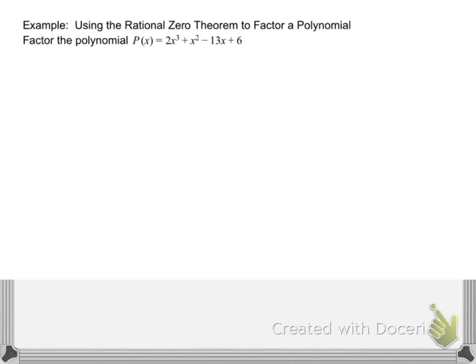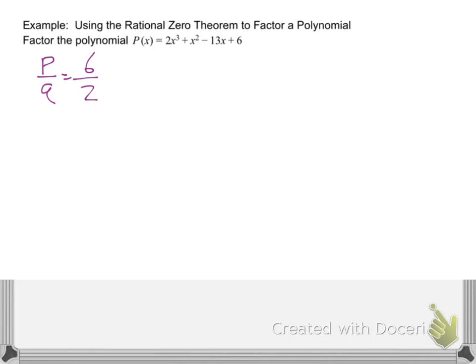So, first thing I need to do is make a list. This list will look like this. It's going to be P over Q, or the factors of 6 over the factors of 2, because 6 is the last number, the constant, and 2 is the leading coefficient.